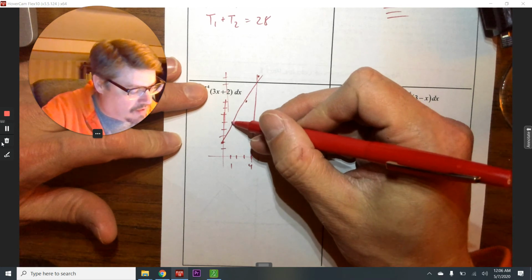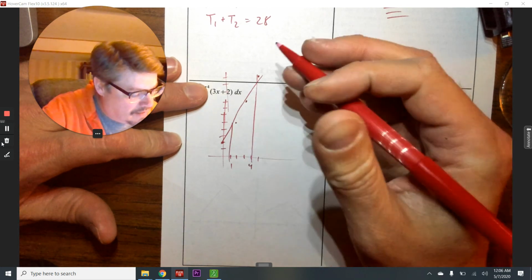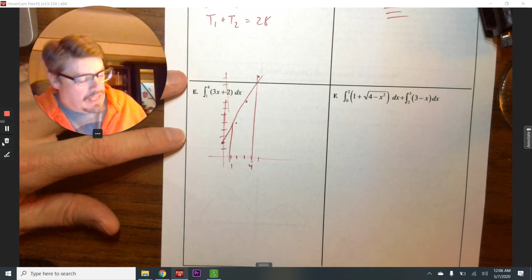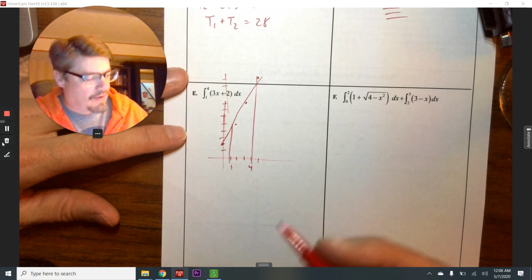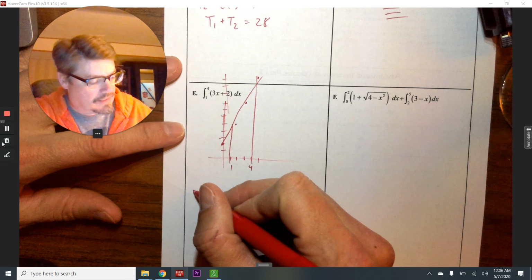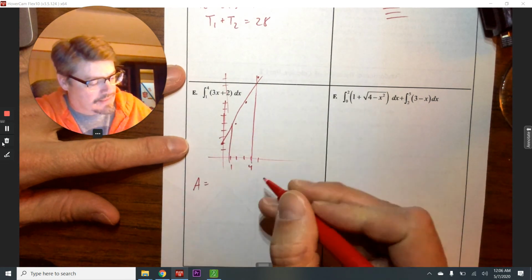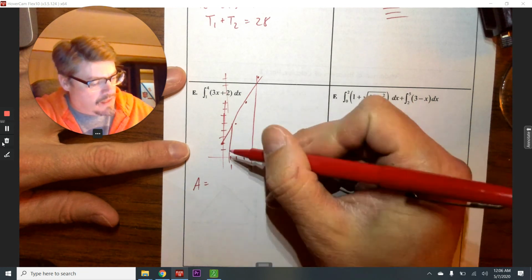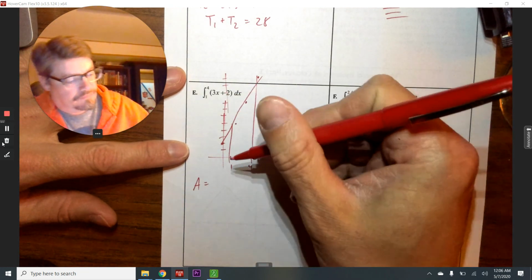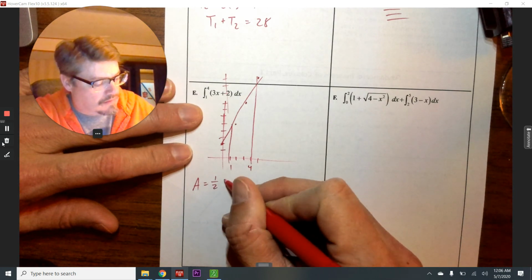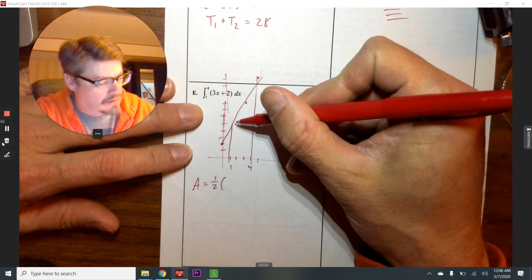This looks terrible. Okay, but that's the idea. So how high do I go up? The area here is, when I plug in a 1, I get 5.